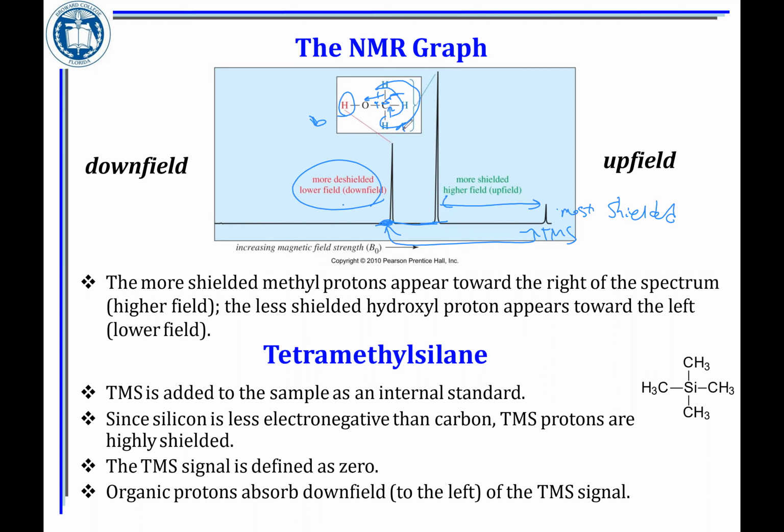The blue ones are also de-shielded, even though they are not directly attached to the oxygen, but they are not as de-shielded as the red one. The TMS, the internal standard, shows a peak at 0. Anything more de-shielded would be further away from TMS; less de-shielded would be closer to TMS. But you don't have anything more shielded than the TMS. TMS is the 0 line, and everything else is compared to TMS.